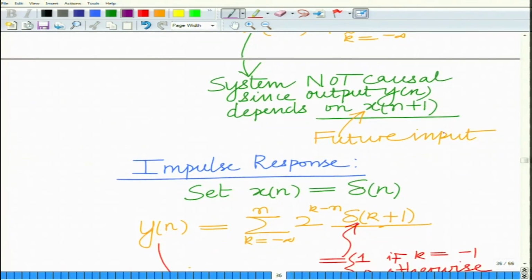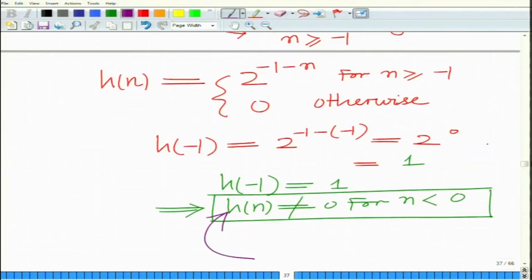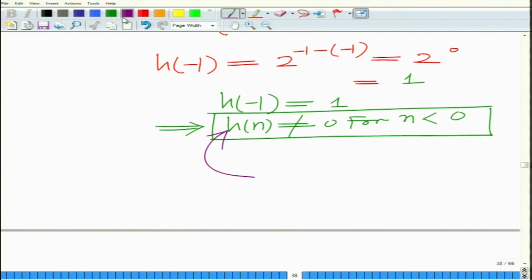So, this depends on future input. Here also we could have said the same thing, and we can note the same thing here also.